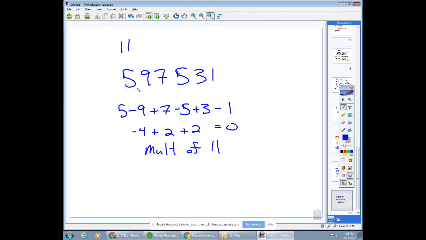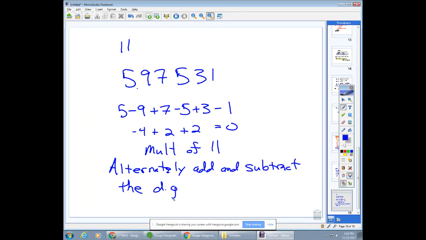So it turns out 11 must go into that number. So we just alternately add and subtract the digits, and what we're hoping for is a multiple of 11.